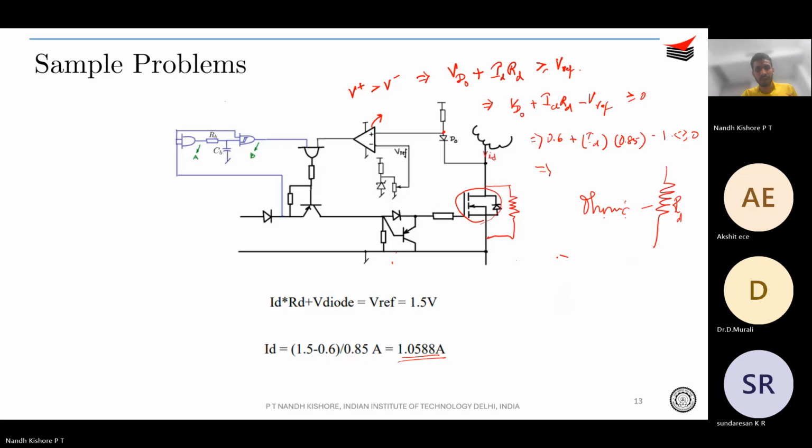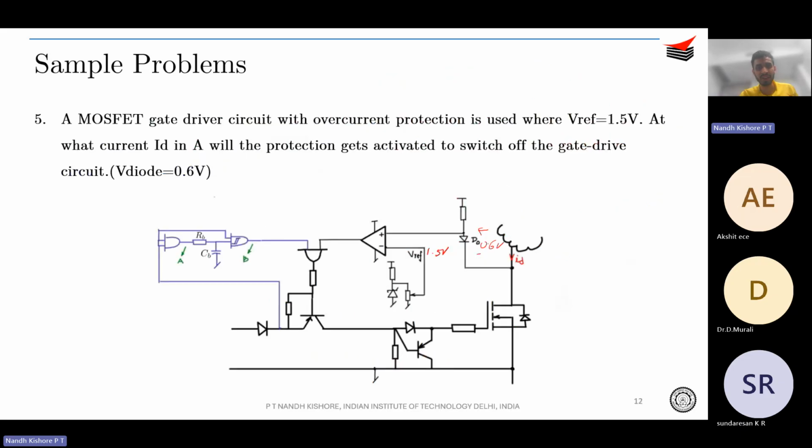One point was, in this problem they have not specified the 0.85 resistance. RD is equal to 0.85 ohms, it was not specified in the problem. Simple, right? Just look at this comparator and apply the inequality, you get the answer. V plus should be more than V minus, and that's the idea.